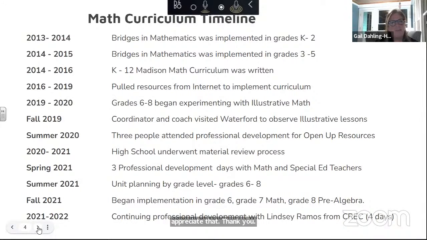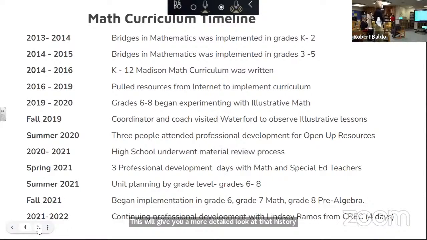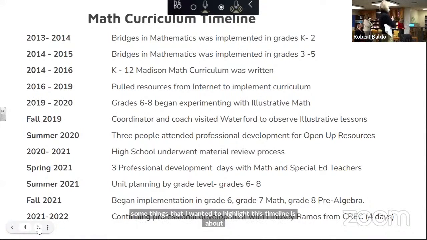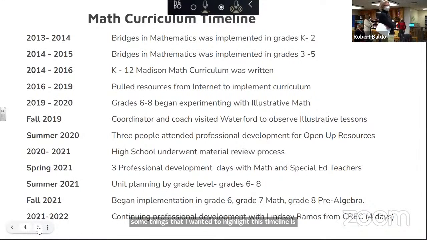I'm going to have the team continue now with really taking a look at where we are in curriculum work. This will give you a more detailed look at that history that I introduced in the beginning of our presentation. Some things that I wanted to highlight in this timeline is about the Bridges adoption that we did almost 10 years ago.